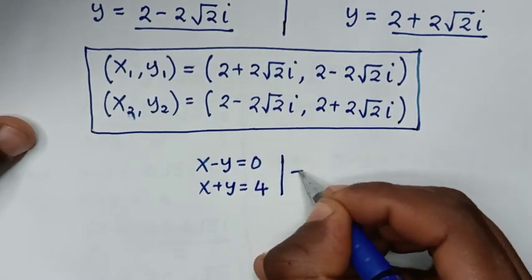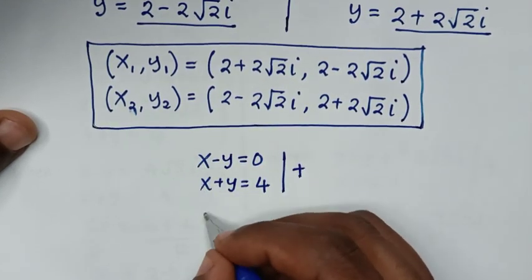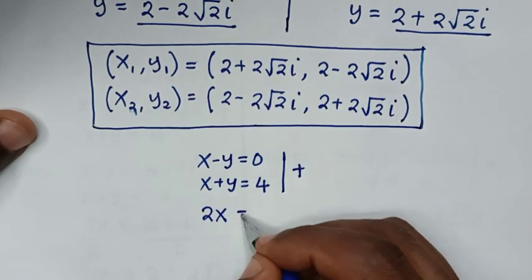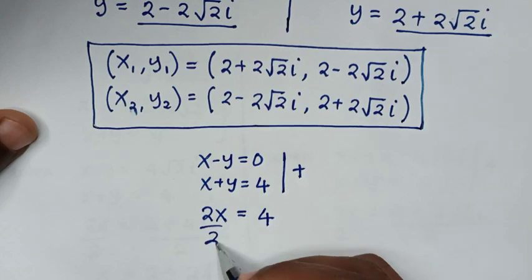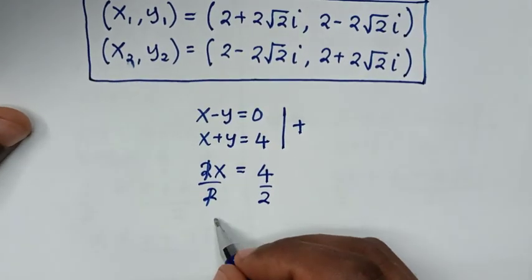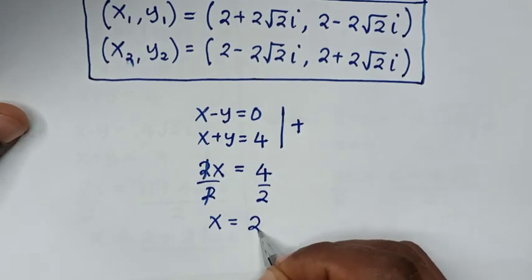We will add these two equations. X plus x is 2x. Negative y plus y is 0, is equal to 0 plus 4 is 4. Then we divide by 2 on both sides. This and this will cancel. Then x is equal to 4 divided by 2 is 2.